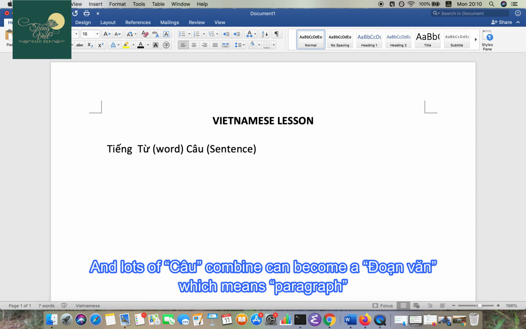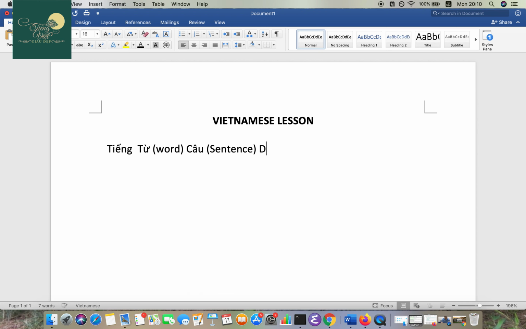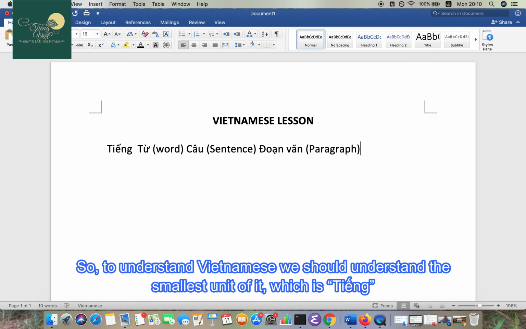And lots of câu combined can become an đoạn văn, which means paragraph. So, to understand Vietnamese, we should understand the smallest unit of it, which is tiếng.